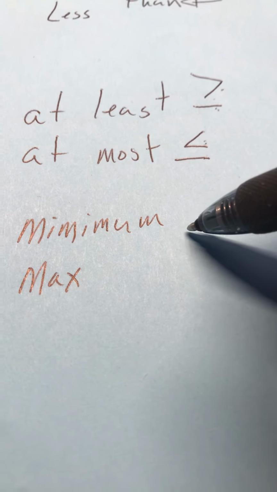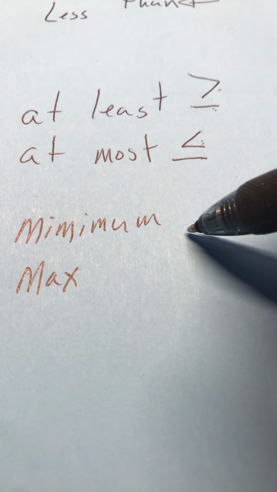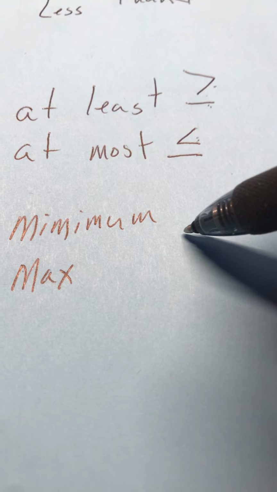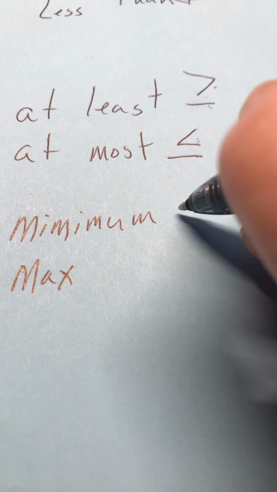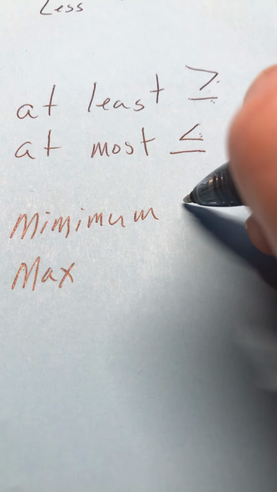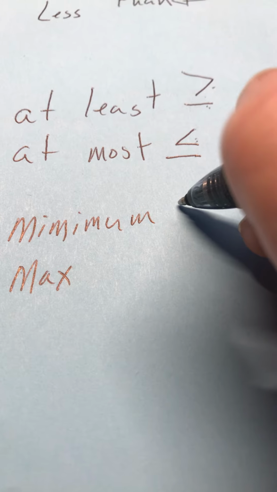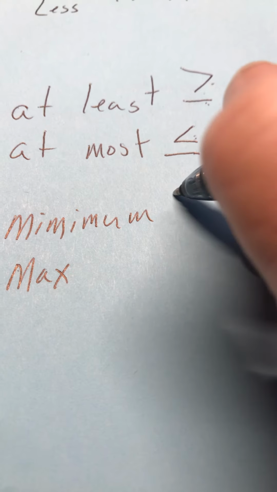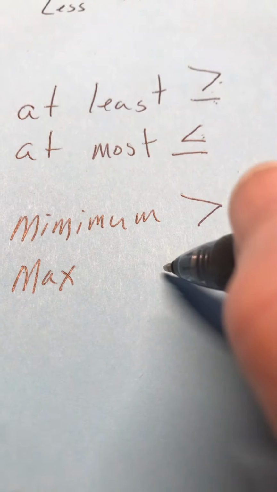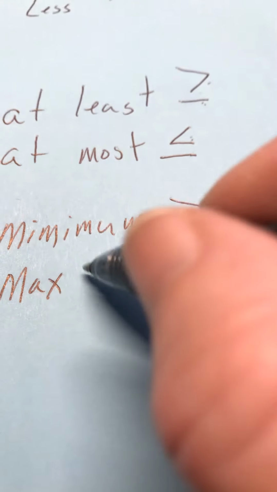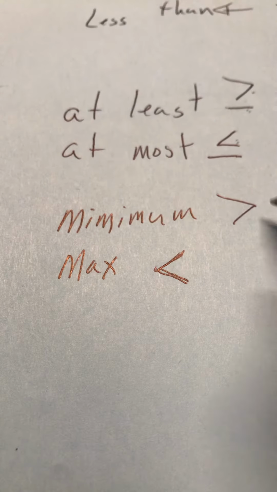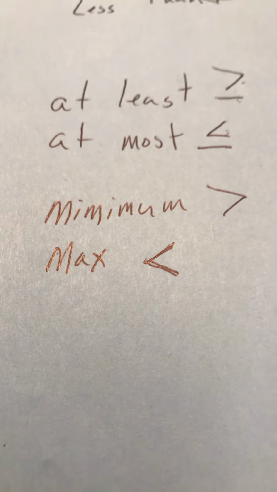When it asks what's the minimum she can spend or whatever, then usually, again, the minimum she could spend would be, I'm trying to think, maximum. The minimum would be greater because the minimum could be this number, but she could go greater. The maximum, she can't go past this number, so the maximum has to be less than. And, of course, it has to do with the context of the problem. I may have these backwards. It just depends on how it's worded.